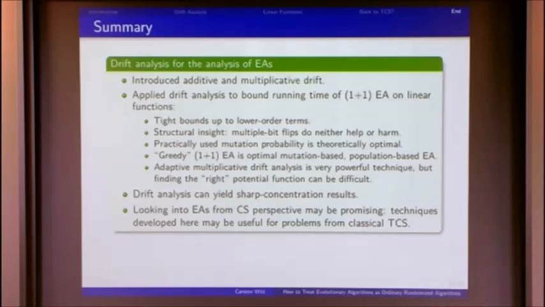Finally, the third part was about drift analysis with tail bounds, and drift analysis can give us tail bounds. And one thing that can be learned here, my hypothesis is, we have looked into evolution-inspired algorithms from a computer science perspective. And this may be a promising thing because at least we have some idea that the techniques developed here might also be useful for problems from classical theoretical computer science. Yep. So this concludes my talk, and thank you for your attention.